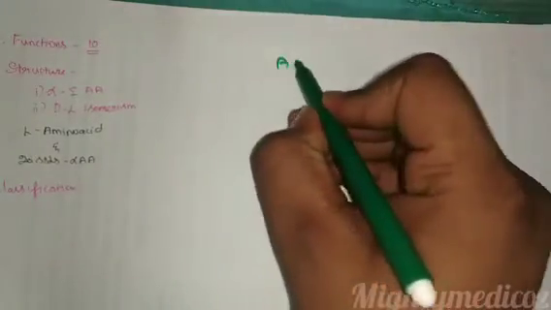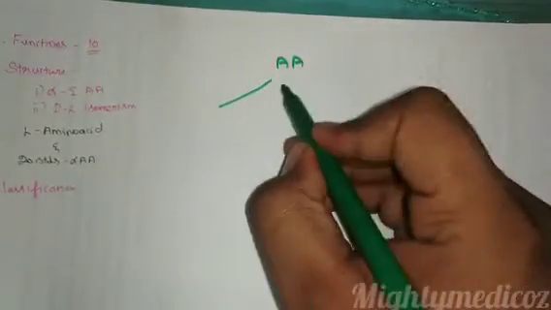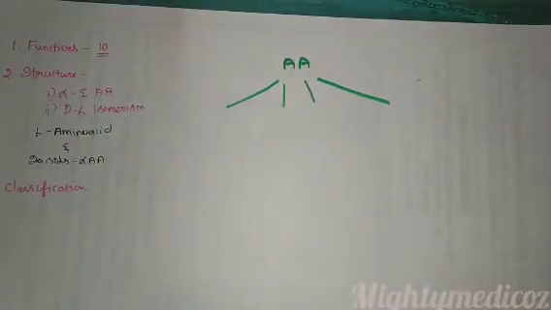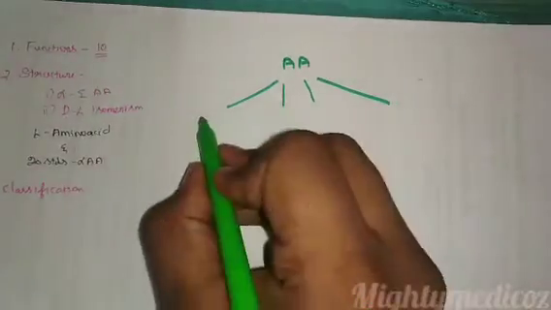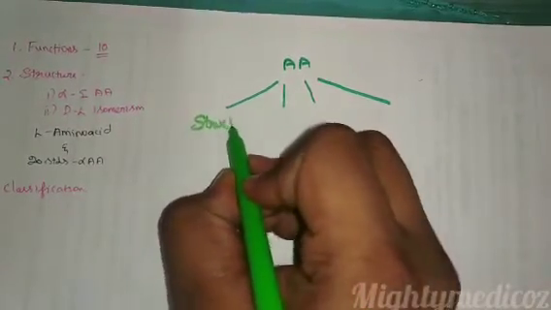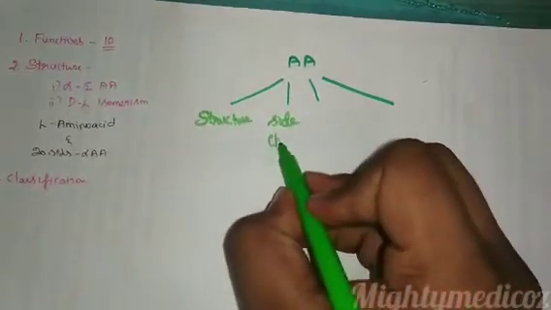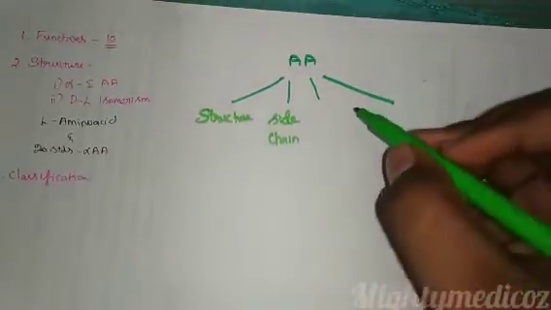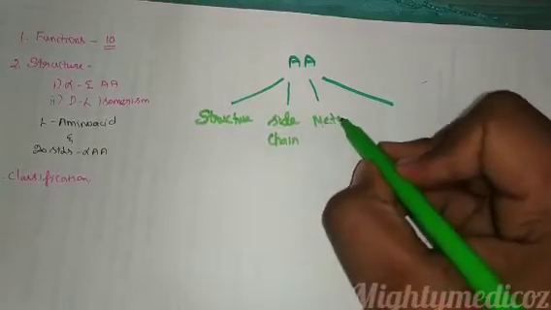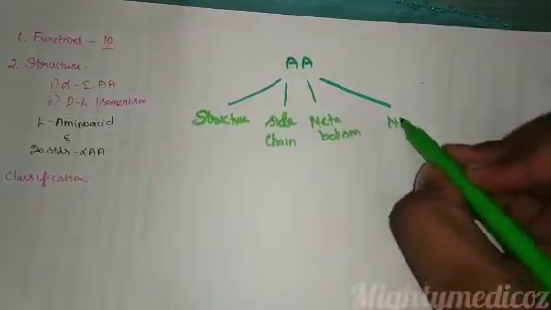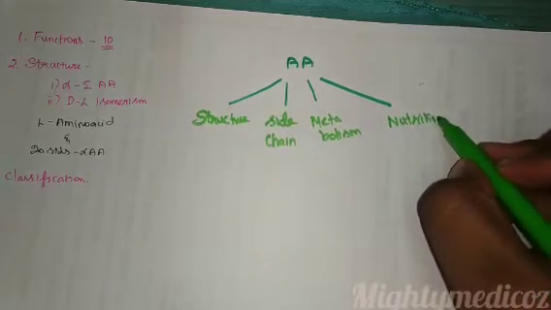How do we classify amino acids? We are going to divide them broadly into four: the first classification is based on structure, the next is based on side chain, another is based on metabolism, and the fourth and final is based on nutritional requirement.